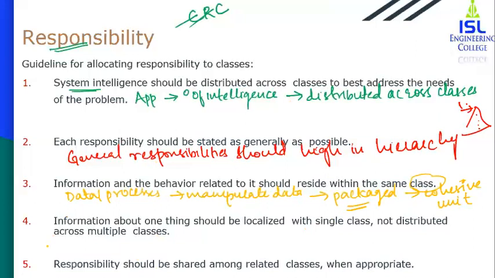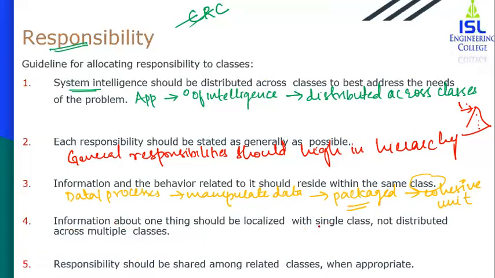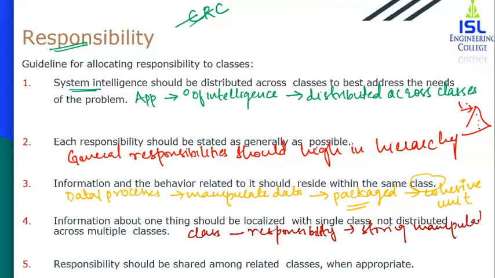Then the next one is information about one thing should be localized into a single class, not distributed across multiple classes. That means one single class needs to take the responsibility for storing and manipulating the data. Now why should it be localized to one class?